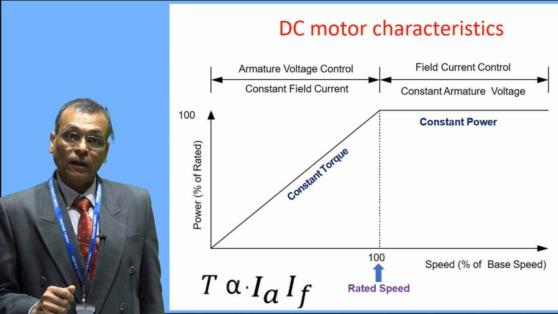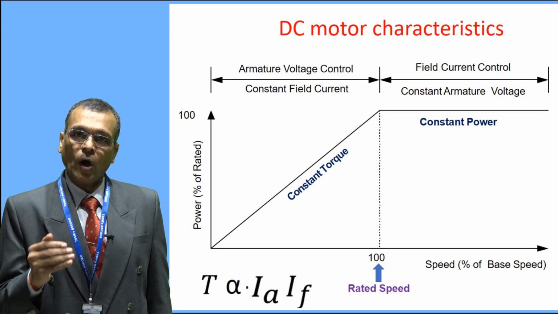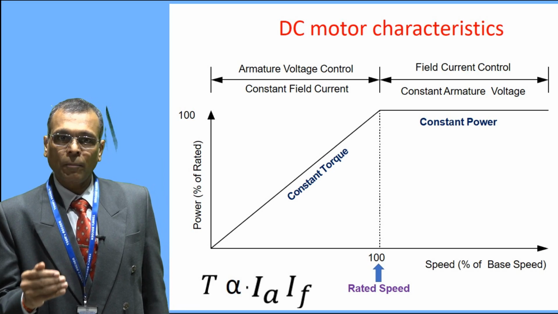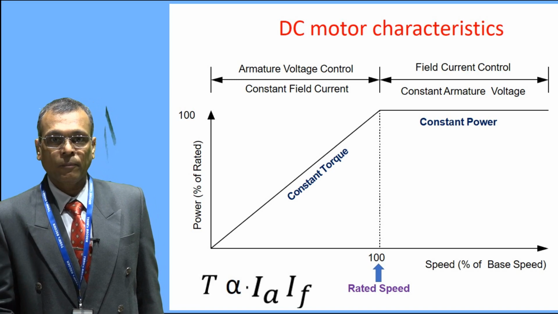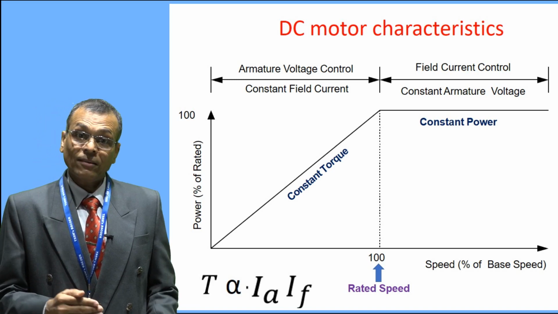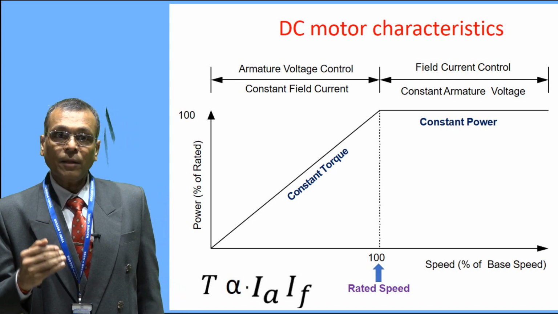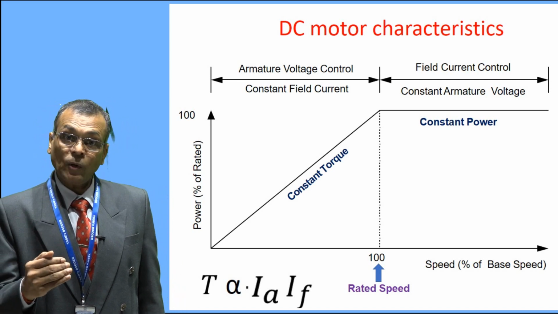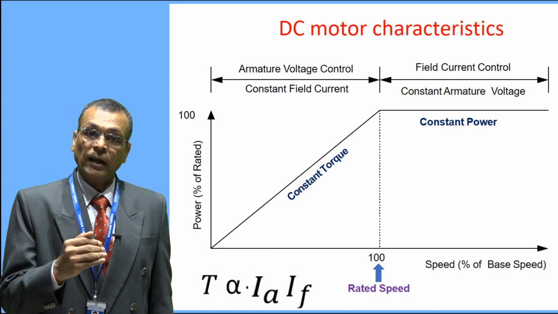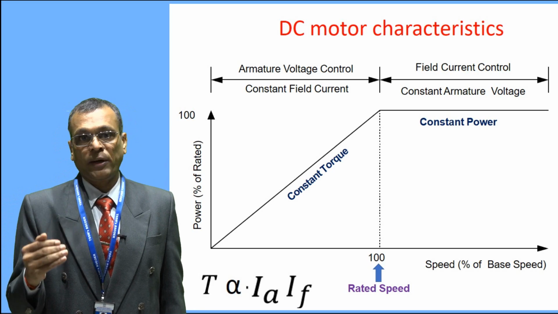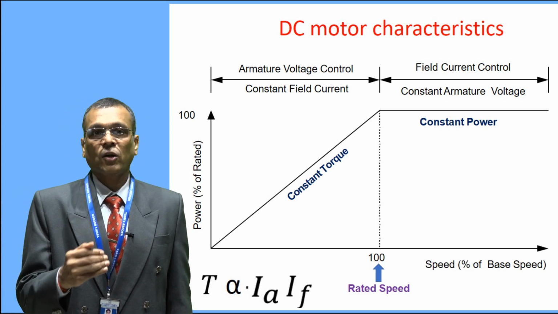So in this method, armature current and field current are maintained constant to meet the torque demand, and the armature voltage is varied to control the speed. Whereas in the second method, for higher speed than the base speed, the armature voltage is maintained at the rated value and the field current is varied to control the speed. Thus, the speed is varied at the cost of torque.